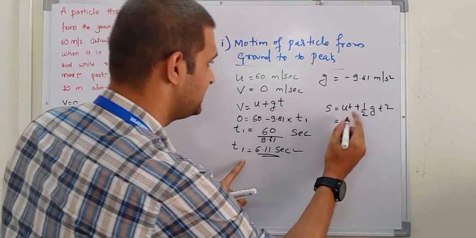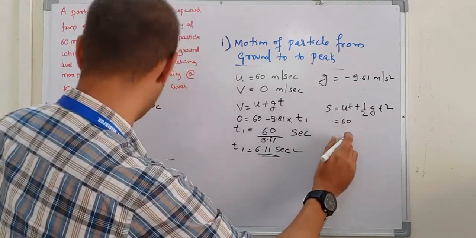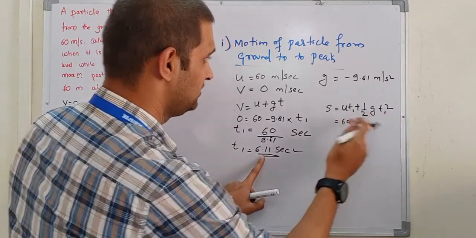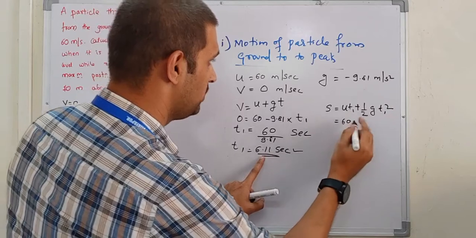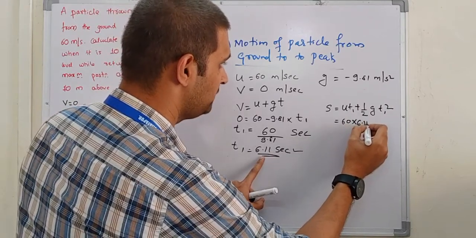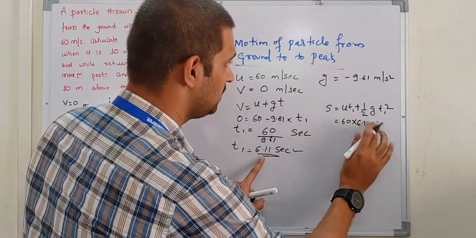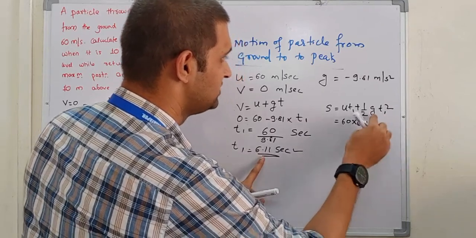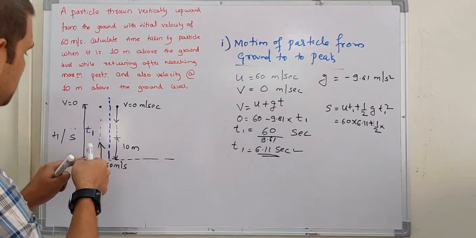So u again is 60, the initial velocity, and the time we have calculated is T1, so into 6.11, plus 1 by 2 into again G, which has to be minus 9.81.